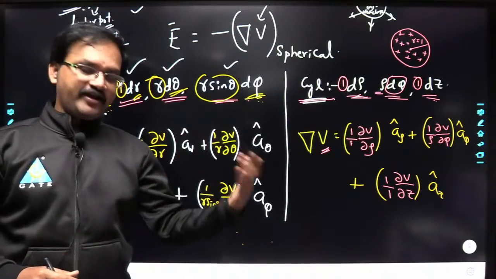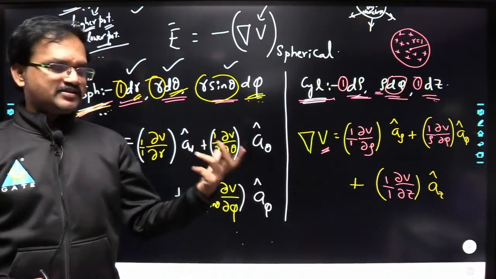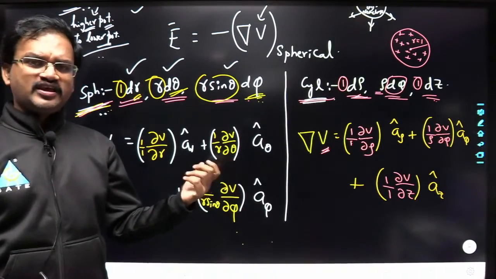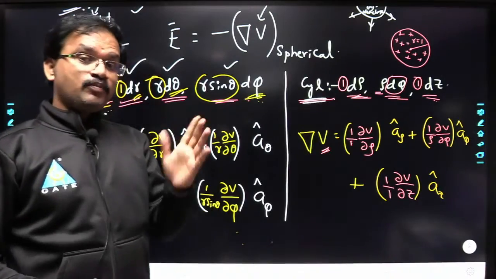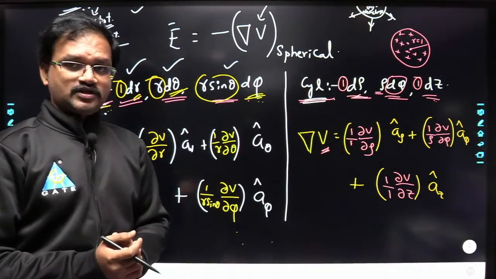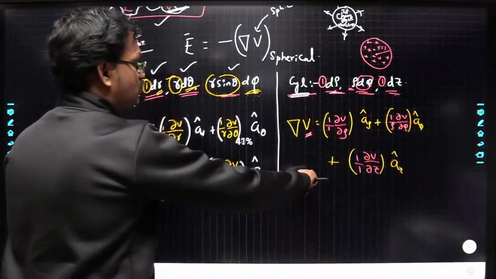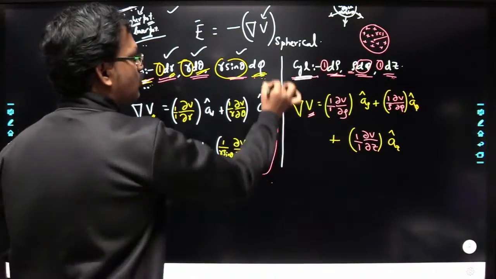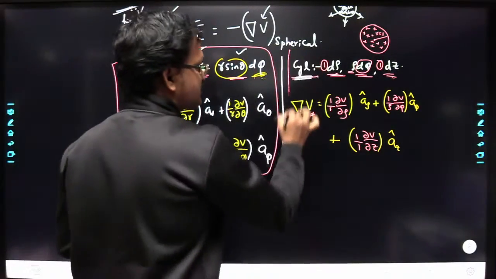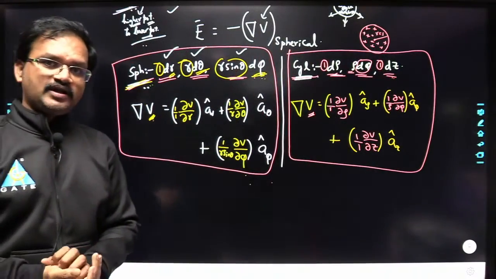This gradient operation, divergence operation, curl operation, and basics of vectors, each and everything, coordinate system, is going to play a very important role throughout this subject. So this is the way you have to express the gradient, whether it is in spherical coordinate system or in cylindrical coordinate system. I hope it is clear here.